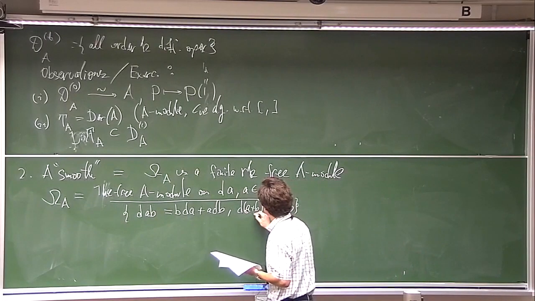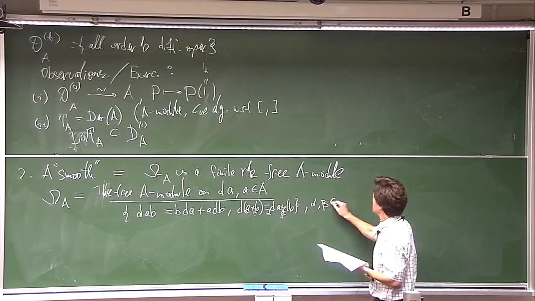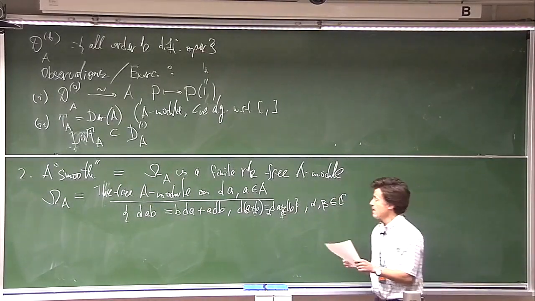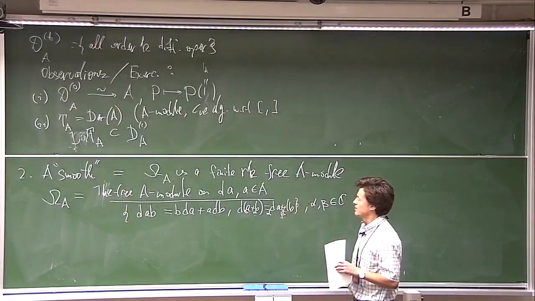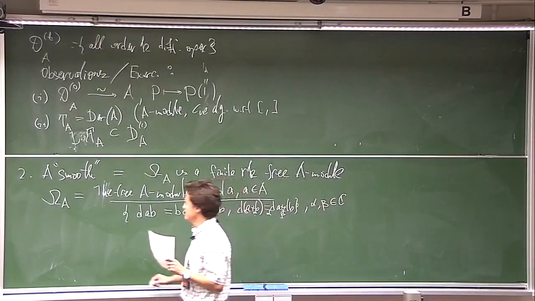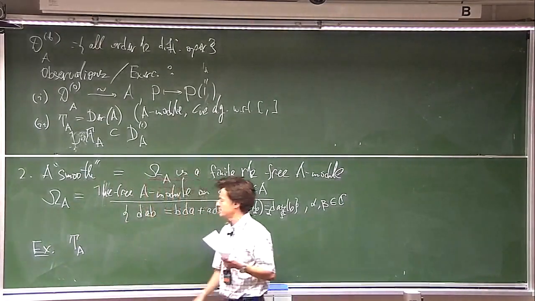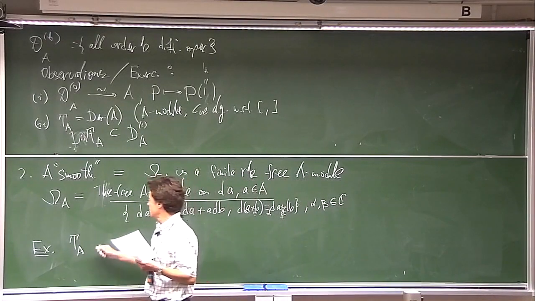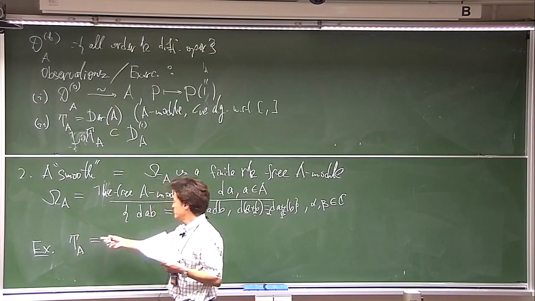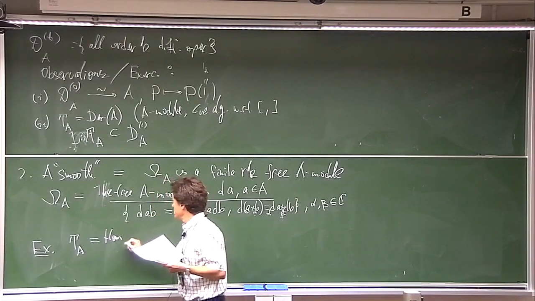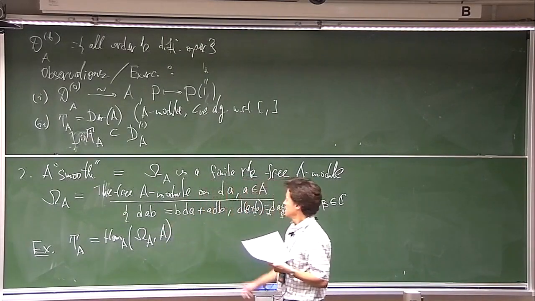So alpha, beta, elements of C. One particular point where this is important is that, essentially by definition, if that's new, I really believe that this is something that's not really new, but if you want to recollect, the algebra of derivations is the same as the space of A linear homomorphisms from omega A to A, thanks to this relation.